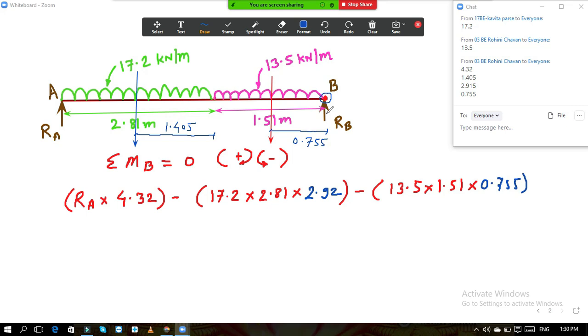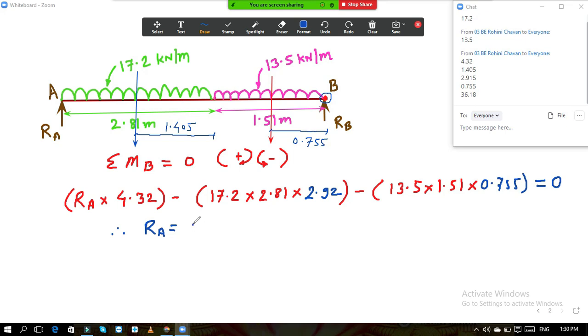Then RB is passing through point B, so its moment is 0. So all this is equated to 0. Therefore, after solving this, you will get the value of RA. And let me know the answer. 36.18 kN. This is the value of RA.